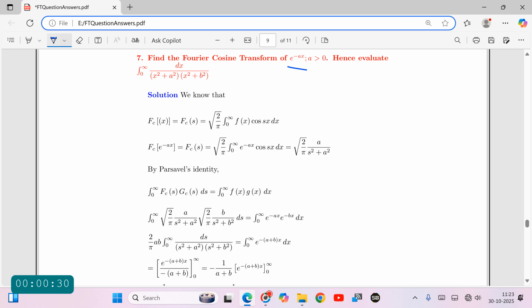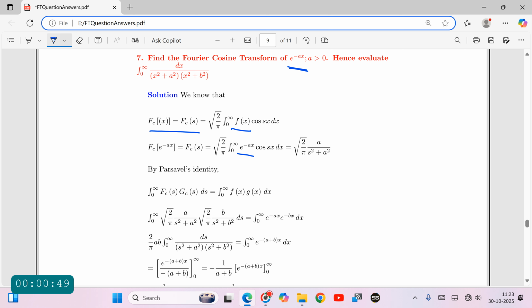First, taking the formula for the cosine transform. What is the formula for cosine transform? Fc of s equal to root 2 by pi integral 0 to infinity f of x cos sx dx. In place of f of x, we have to take the given function e power minus ax.